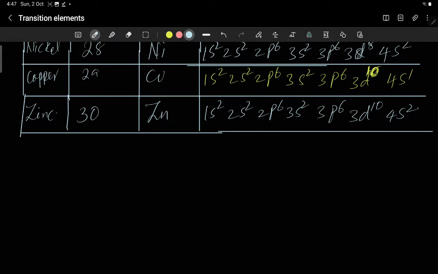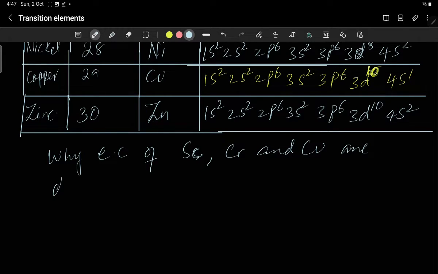Why are the electronic configurations of scandium, chromium and copper different?